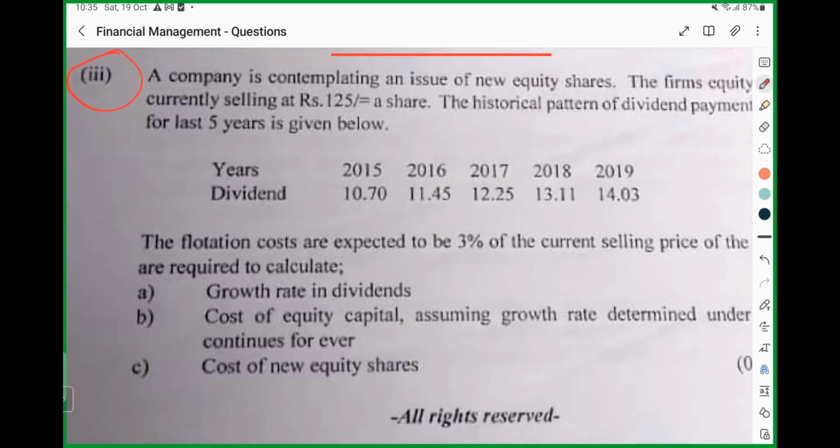The question is on getting the growth rate and calculating the cost of equity.